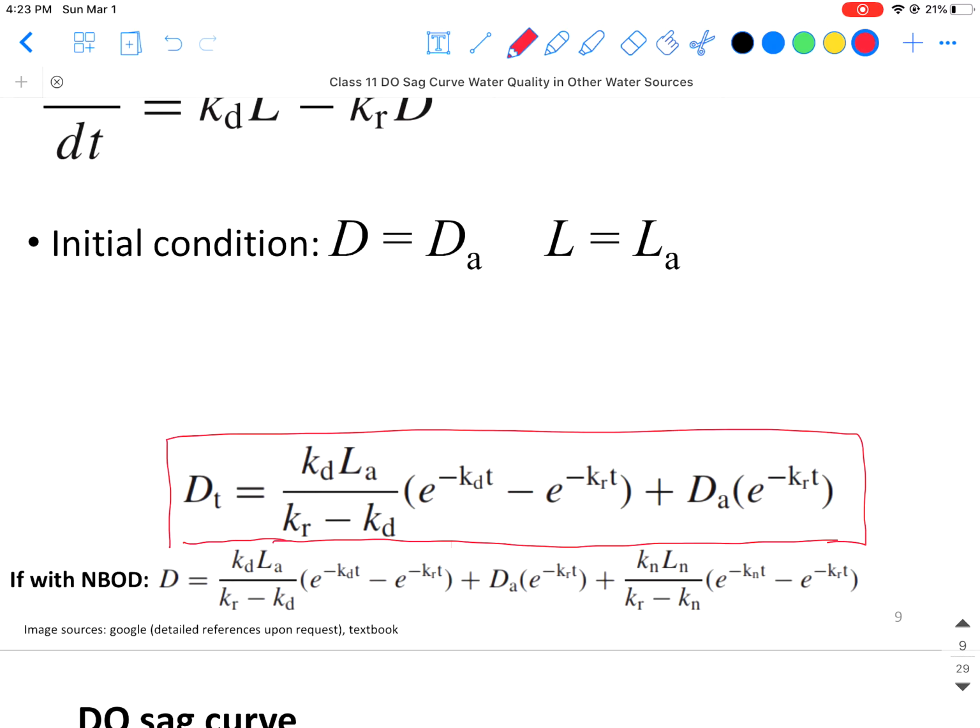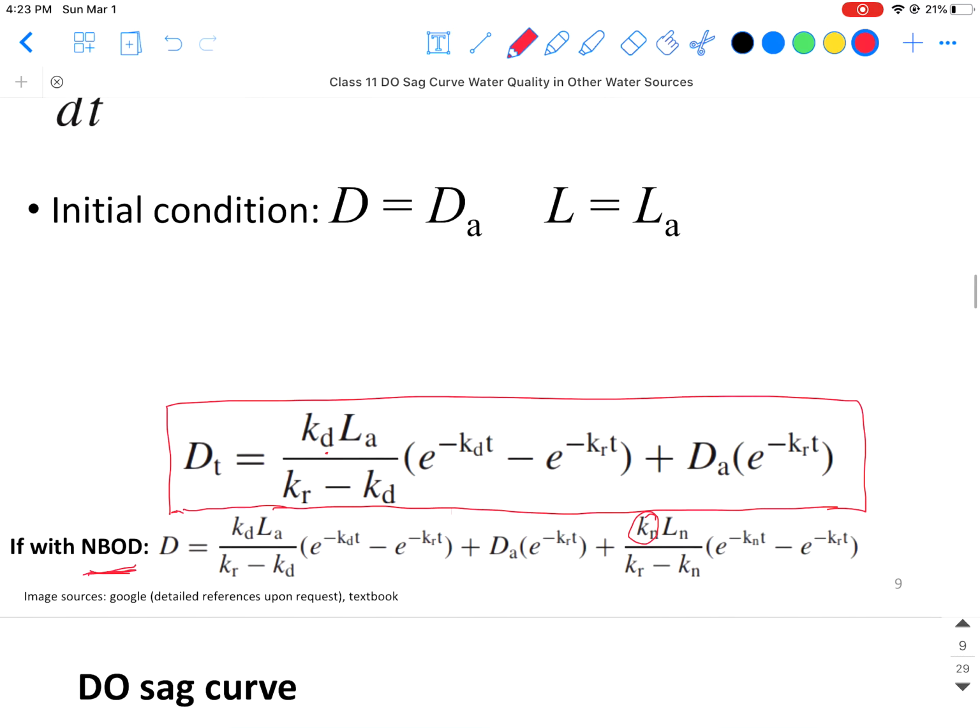Okay, so this is our final equation describing the oxygen deficit as a function of time. Again, we should notice that here we're assuming that the BOD is entirely coming from carbonaceous BOD. But if there is nitrogenous BOD, then there is a separate deoxygenation reaction, and we call that rate constant Kn.